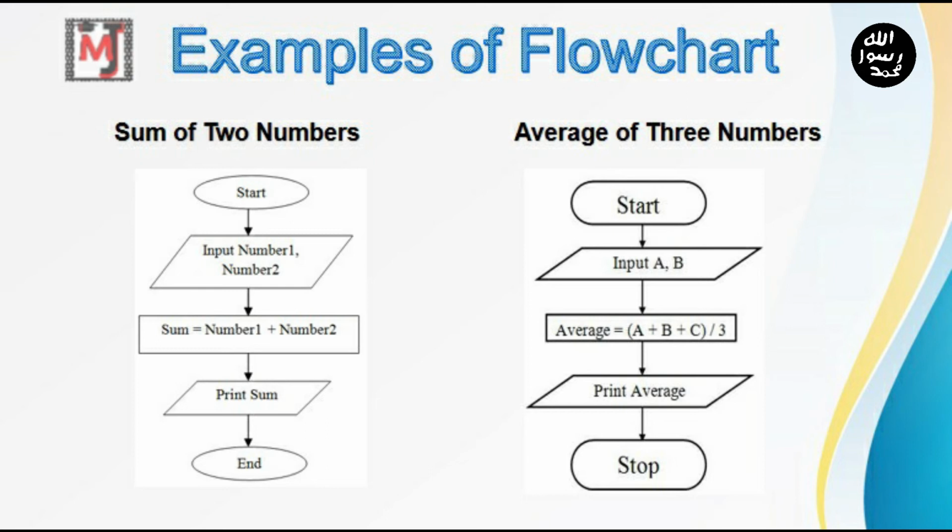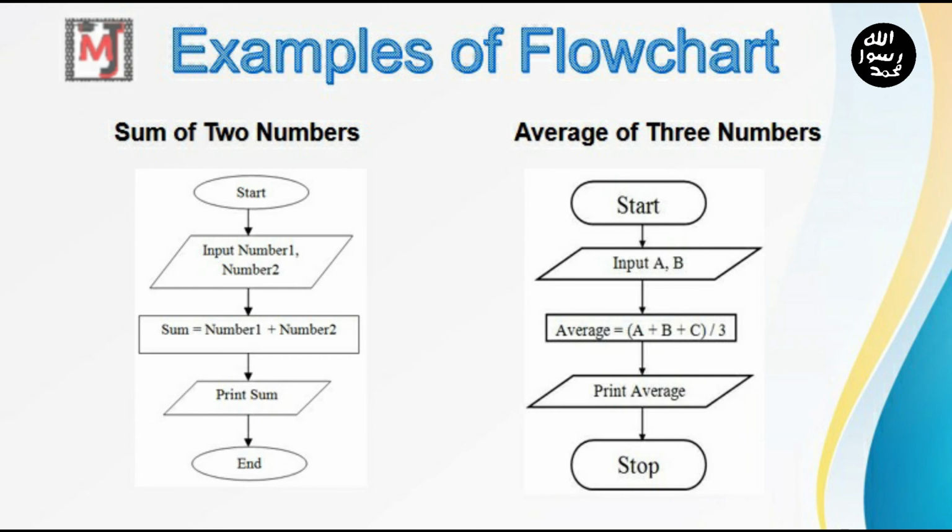As you have done processing, then there will be an output. So for output, we will use the symbol parallelogram. And after these steps, you should end your flowchart by drawing an oval again.